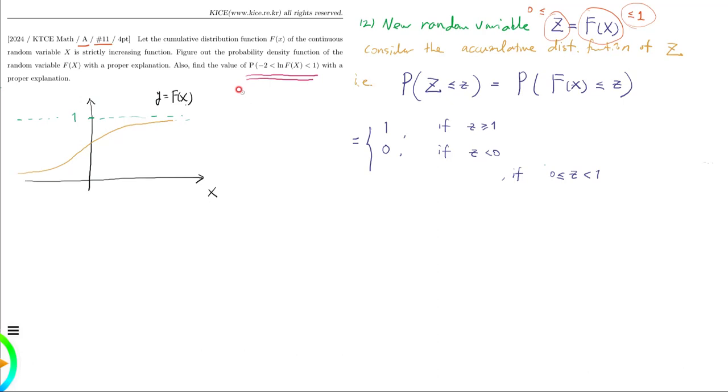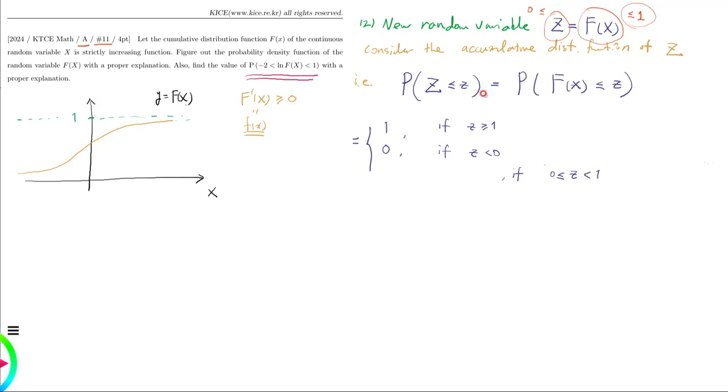That means its derivative with respect to x is non-negative here. Actually, this is a probability density function, which is non-negative.